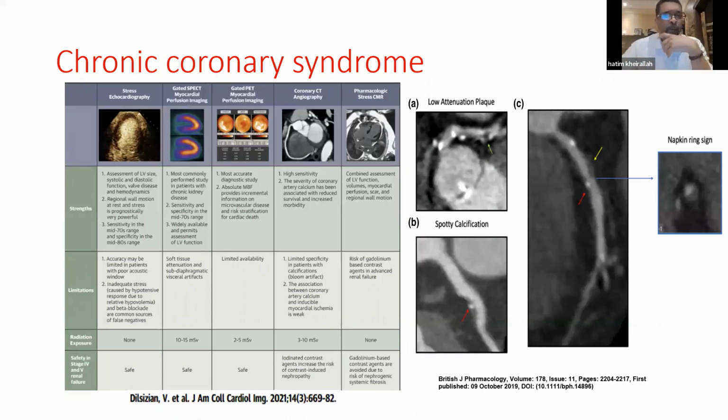In Sudan, we said we have stress echo and SPECT and CT. If all of them are available, then you are going to consider the cost, the radiation, and stuff like that. Okay. What other factor are you going to consider when choosing the modality of testing for ischemia?